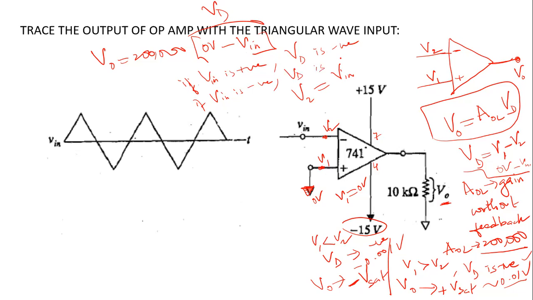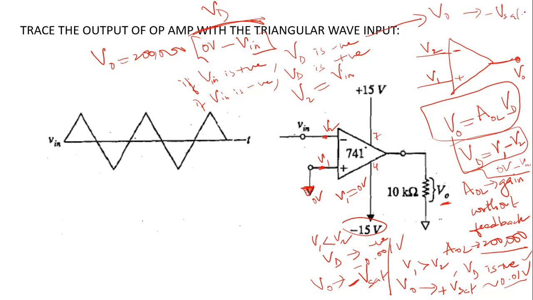That means your VD is positive. You agree with me? If you have an input signal Vin which is positive, minus of a certain positive voltage results in VD, your difference voltage, which is 0 volt minus Vin, right? So your difference voltage is now negative, and a negative difference voltage means it will drive the output into negative saturation.